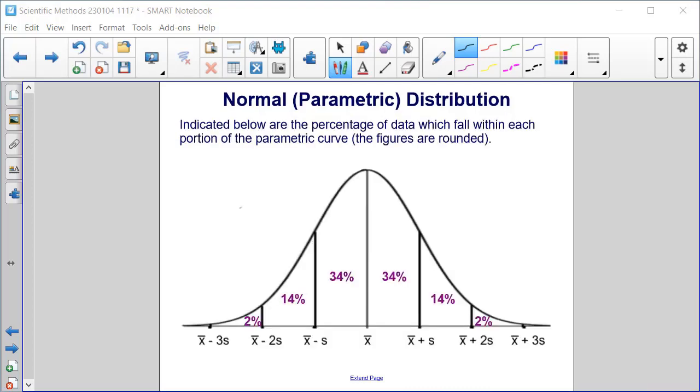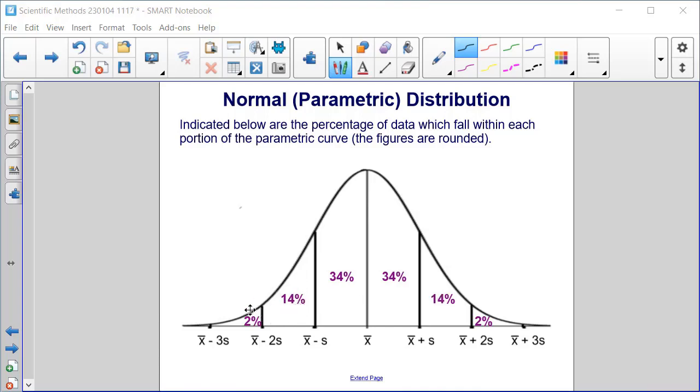Indicated below are the percentage of data which fall within each portion of the parametric curve, with the figures rounded. So within 1 standard deviation of the mean in either direction is 34% or 68% total. Within a second standard deviation of the mean, this area is about 14% of the data.